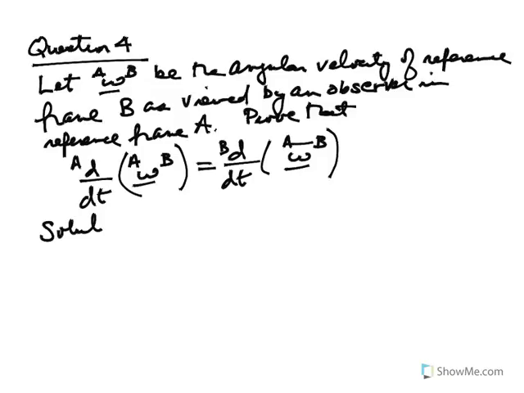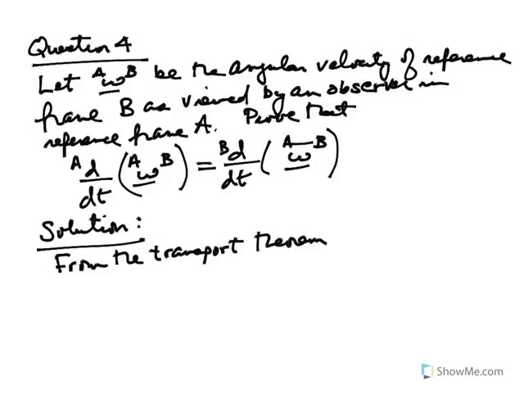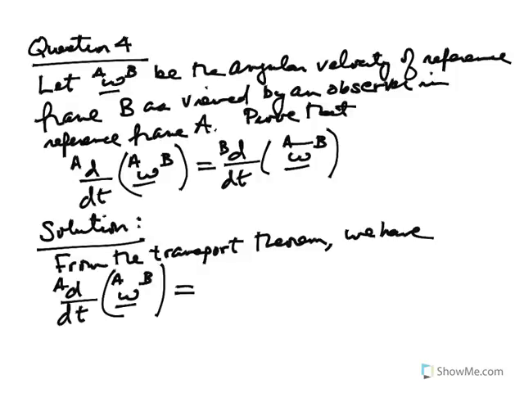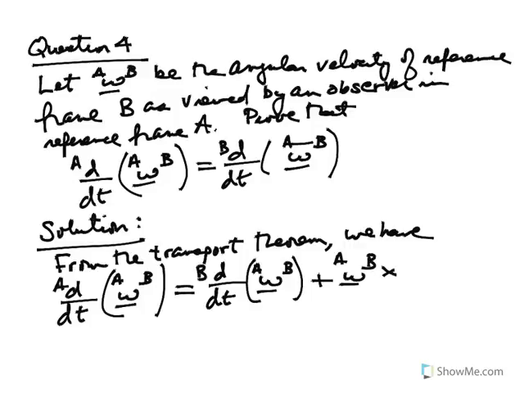So the solution to this problem is from the transport theorem. We have that d dt in A of omega BA is equal to d dt in B of omega BA plus omega BA crossed with omega BA.